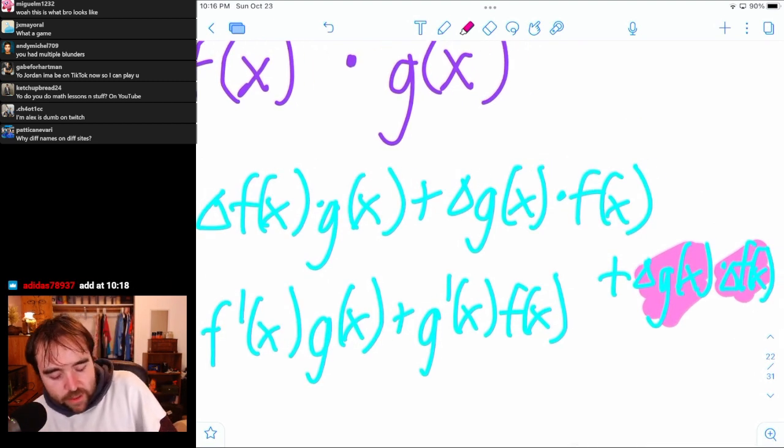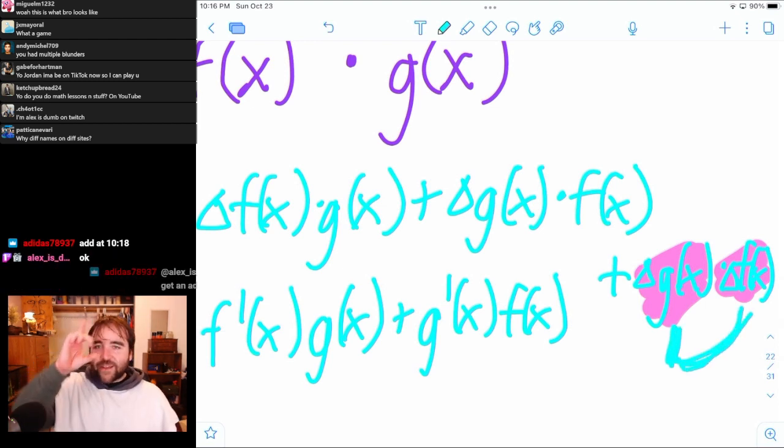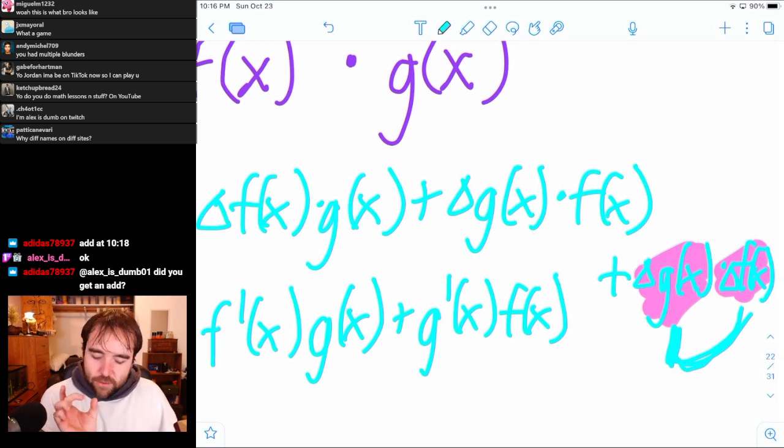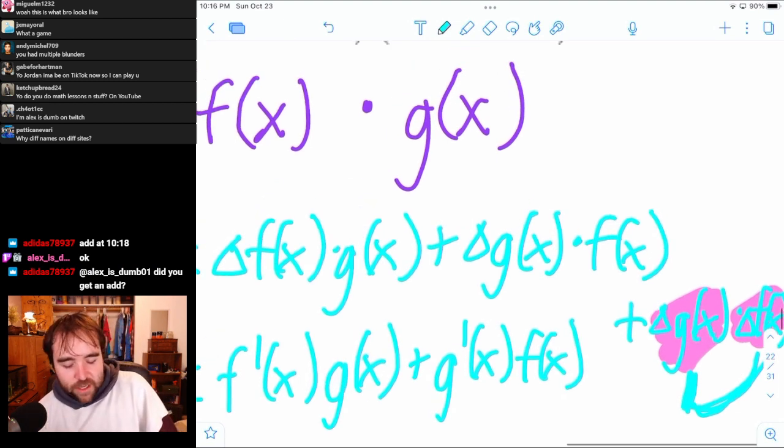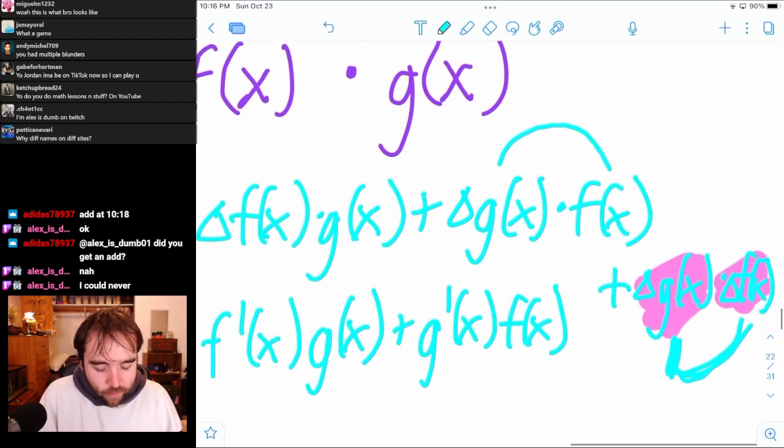And then the whole deal is when we talk about these being infinitely small, it's all comparison. So this is something infinitely small times something infinitely small. That's like infinitely small squared. Versus this, which is just infinitely small times not infinitely small. So what is bigger?